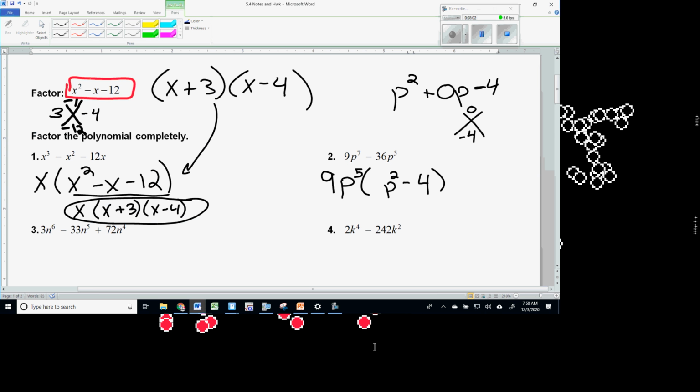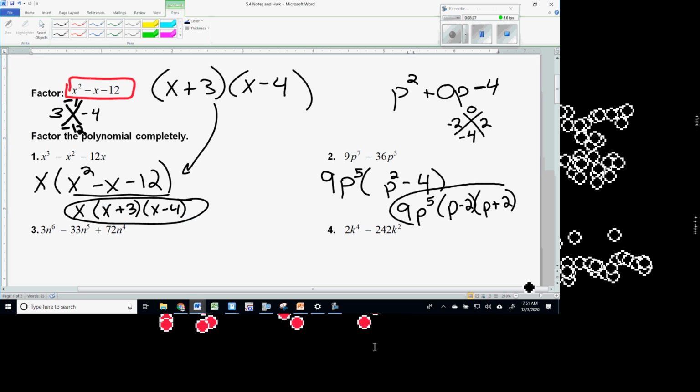Two numbers that multiply to give you -4, -2 and 2. So it's going to be -2 and 2. That means that this factors into, we have 9p to the 5th, and this is p minus 2 and p plus 2.